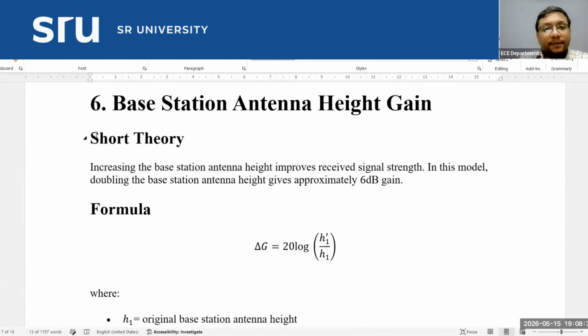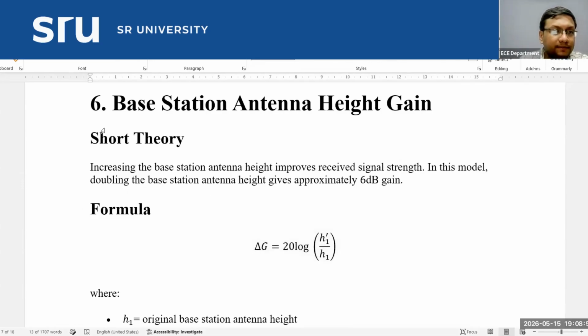If I increase the base station antenna height, then the signal reception is improved. In this model, if I double the base station antenna height, it will give approximately 6 dB gain. So what is the formula?